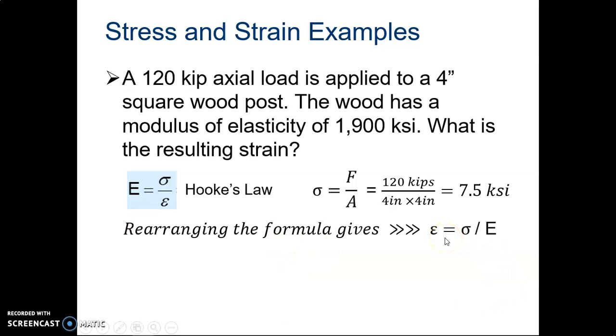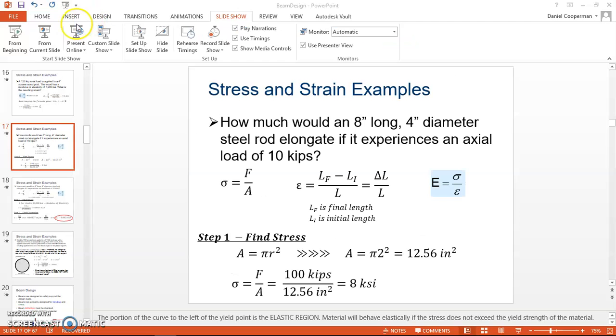So I have stress divided by E, which is the modulus of elasticity, gives me 0.004. And what are the units for strain? Well, it's technically unitless, but we like to say inches per inch because it's a ratio. It could be miles per mile, really. Like for every 1 mile of pipe, you stretch 0.004. It's just a proportion. Okay, so that's the answer to that one.